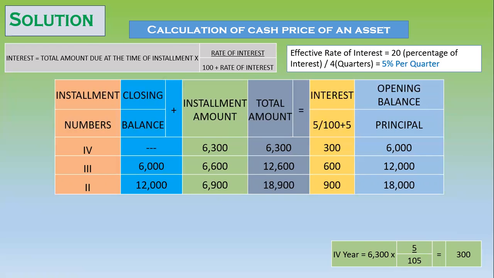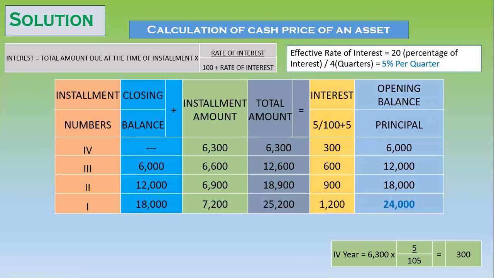The opening balance is the total amount minus interest: 18,900 minus 900, you get 18,000. This 18,000 will be the closing balance of the first quarter. In the first quarter, he pays a 7,200 installment value. So 18,000 plus 7,200 gives 25,200, and the interest is 1,200. The 24,000 you get will be the opening balance of the first quarter.